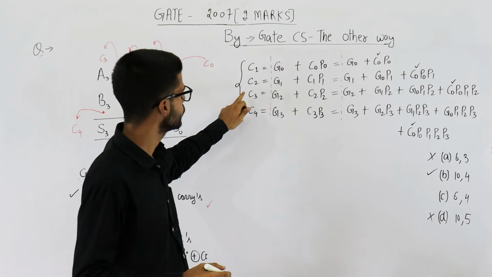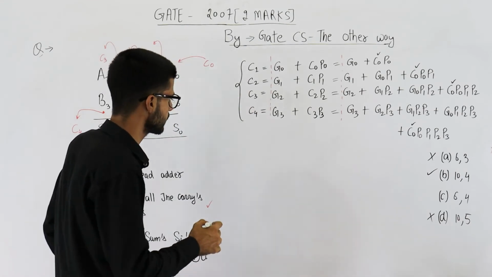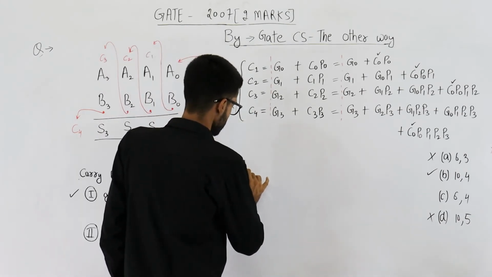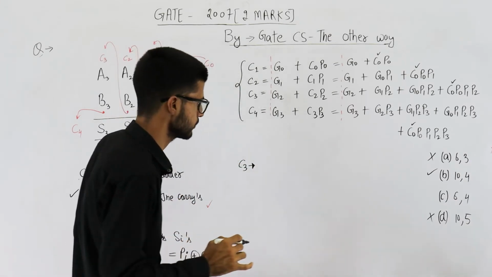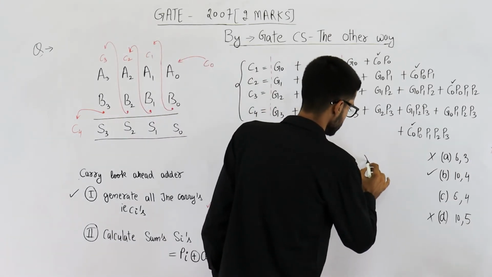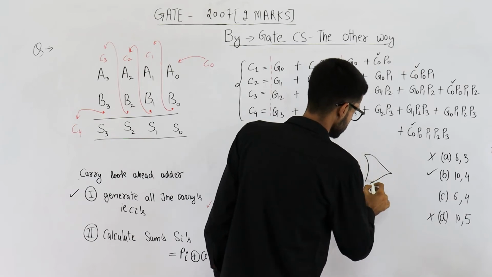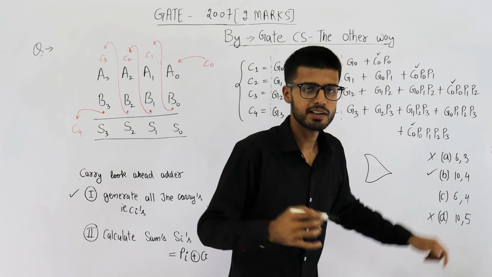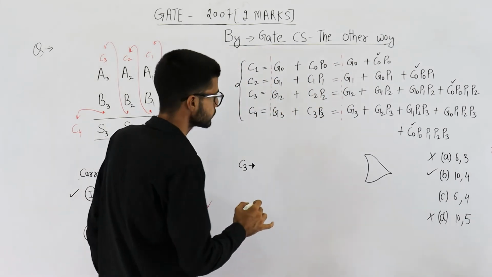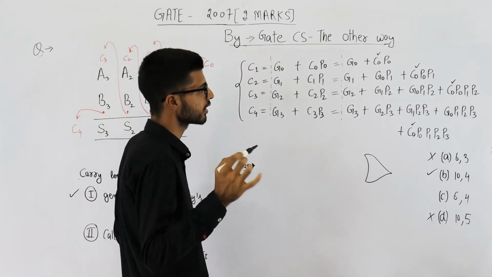Anyways, let me show you C3. How is C3 implemented? C3 will use one OR gate. That will be 1, 2, 3, 4. It's a 4-input OR gate. And it will use 3 AND gates.